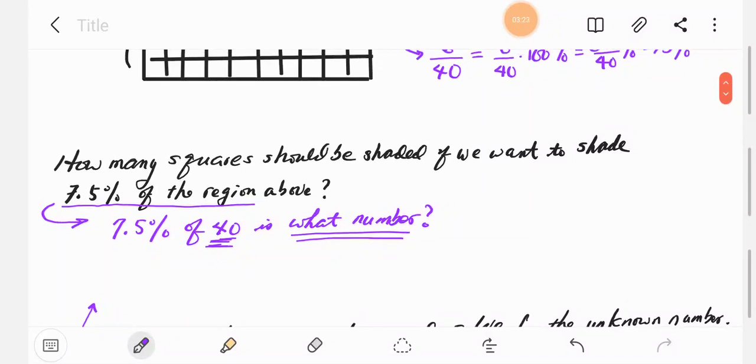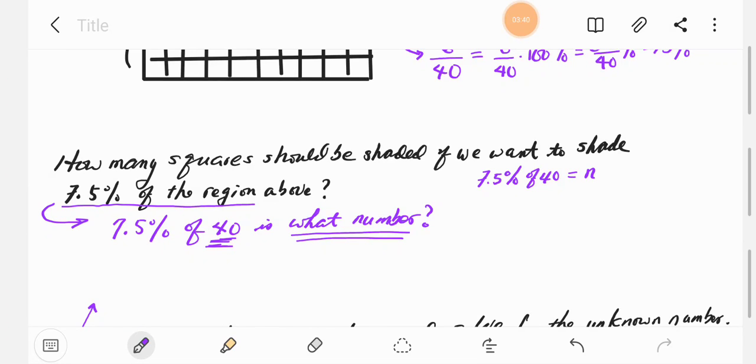So you can write it something like this. 7.5% of 40 is equal to what? One number. I don't know what number, so that should be n.